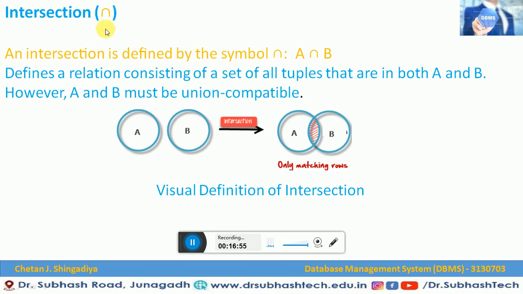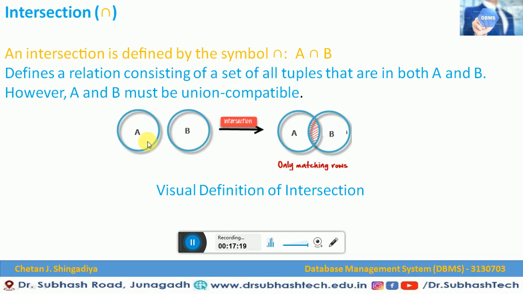So what is the use of the intersection operation, or how will it be executed? Whatever tuples are there in table A and table B, the common tuples or common rows will be returned, because that is the actual meaning of intersection.